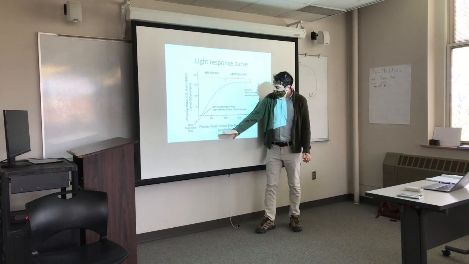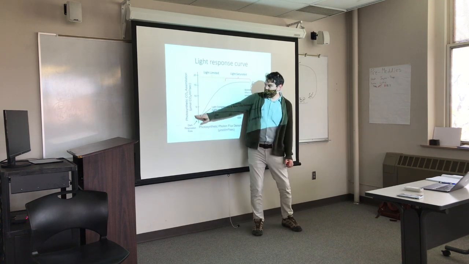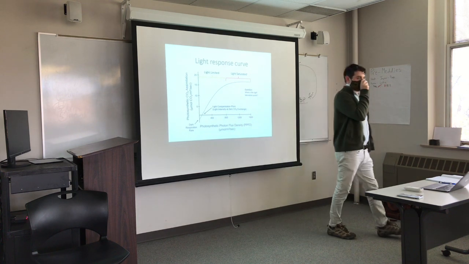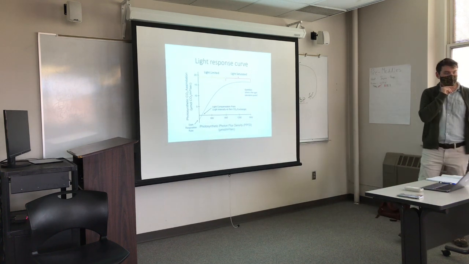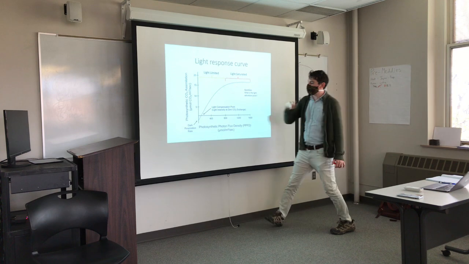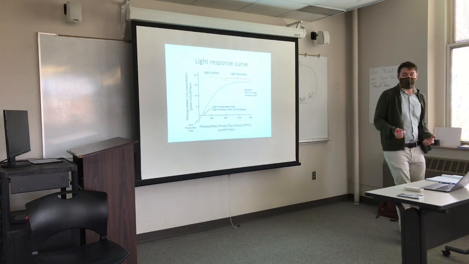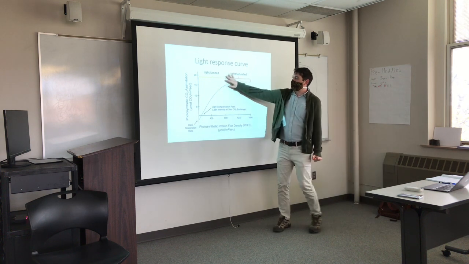So the curve shows that as you increase the amount of light, the rate of carbon dioxide assimilation increases until what happens? Until what happens? Does it increase forever? No, it'll max out. It becomes light saturated.